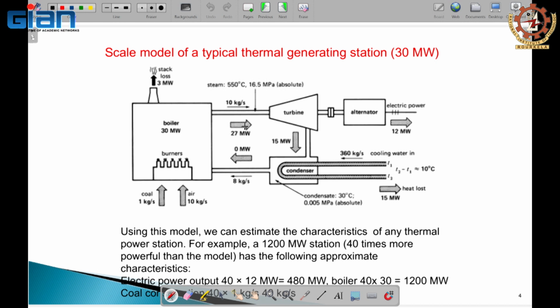What is the temperature and pressure condition of the steam is very important, because we are mostly electrical engineers. You are an electrical engineer, I am an electrical engineer.